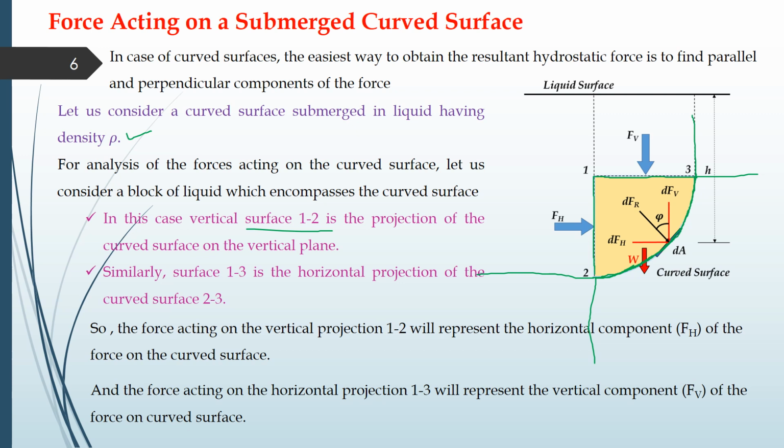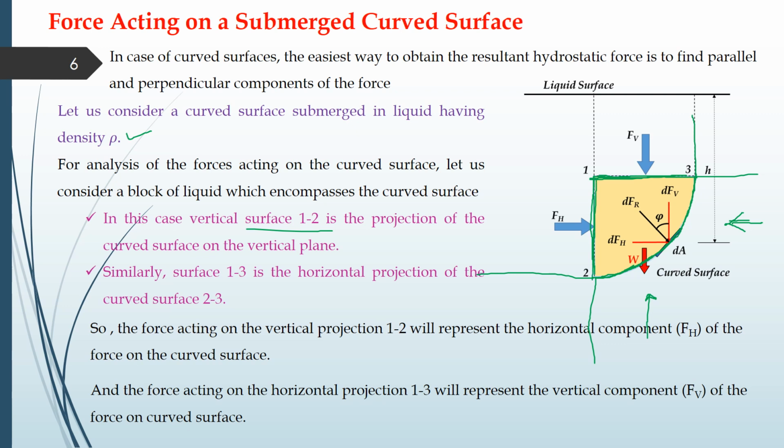If you throw some light from here, and look at the projection of the curved surface, you will find this kind of area. Similarly, if you project light from this direction, you will see the projection on the horizontal surface, given by the 1 3 surface, and the vertical projection will be given by the 1 2 surface.